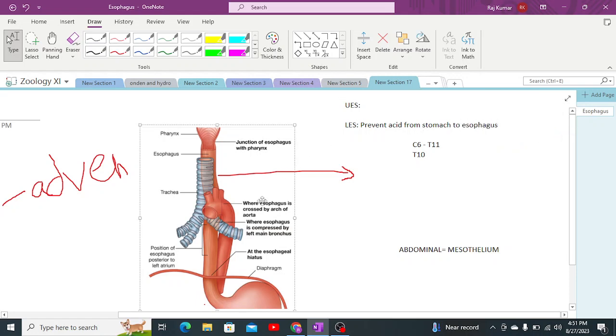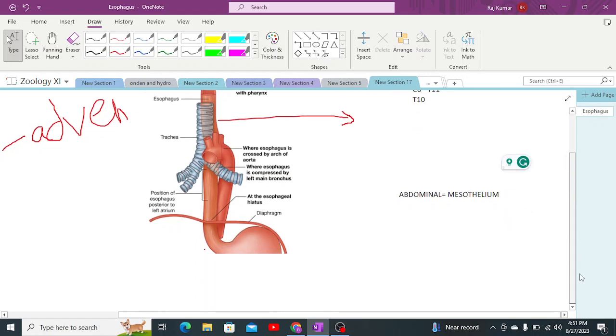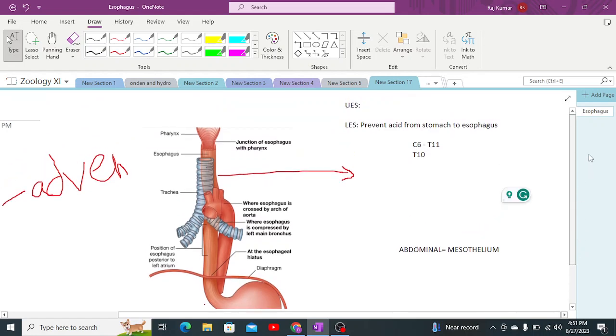The position of the esophagus is posterior to the left atrium. It is present on the dorsal, posterior side of the trachea, and on the ventral side of the vertebrae, due to which we utilize the vertebrae in order to describe its location and position.